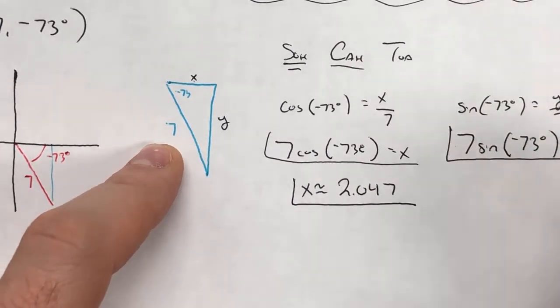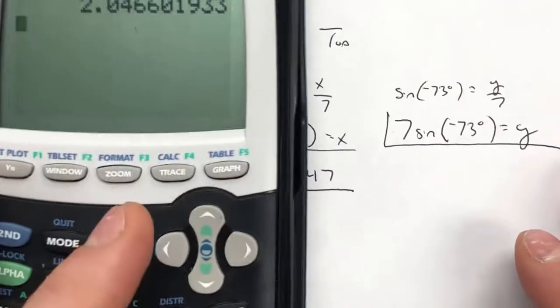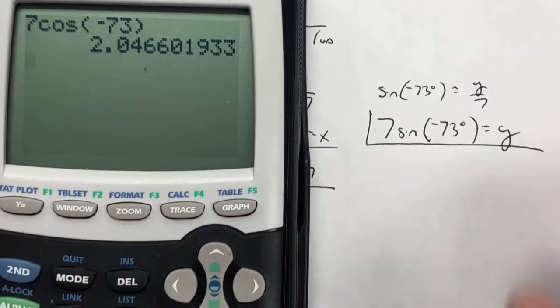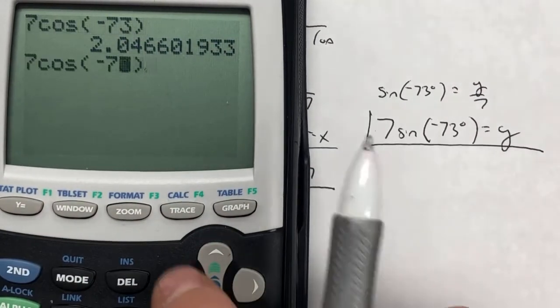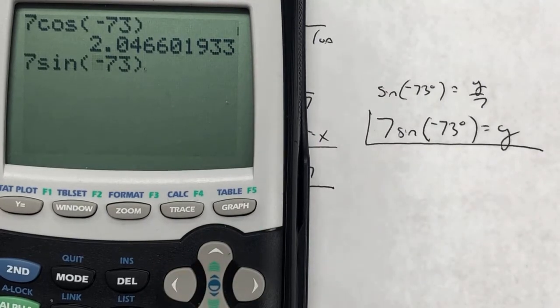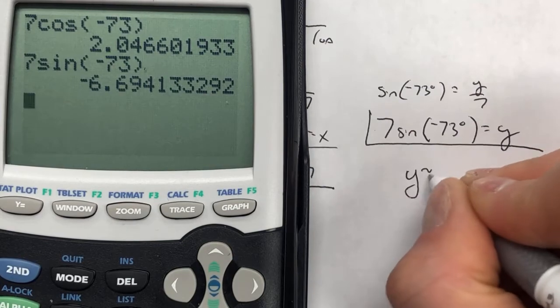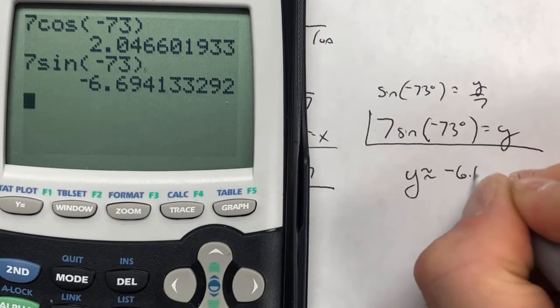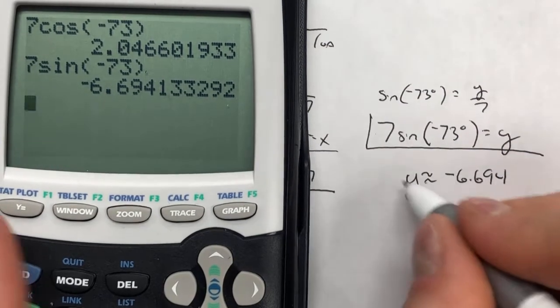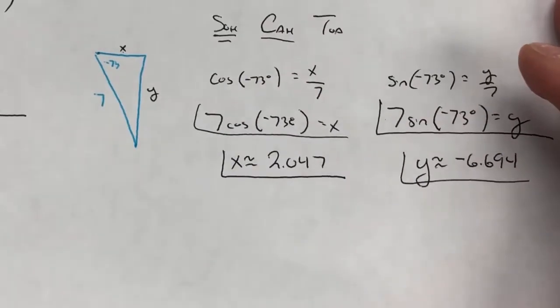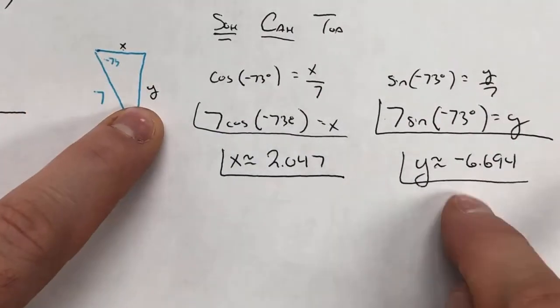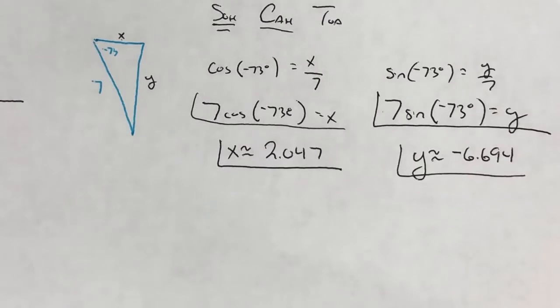My approximate answer, if I plug that in, is going to give me y approximately equal to negative 6.694. Let's double check to make sure our signs are right. X is positive, y is negative. We're good.